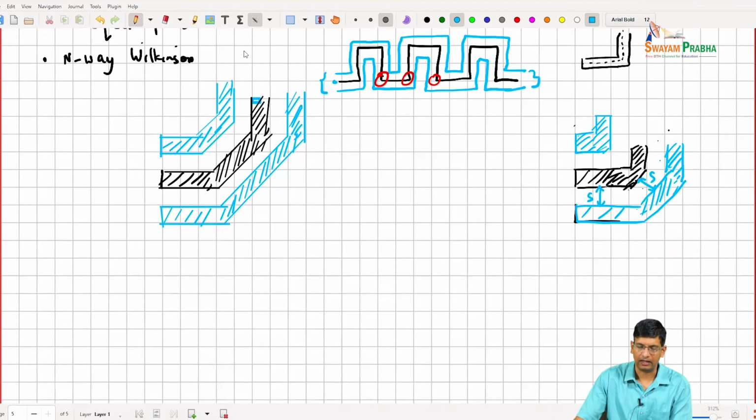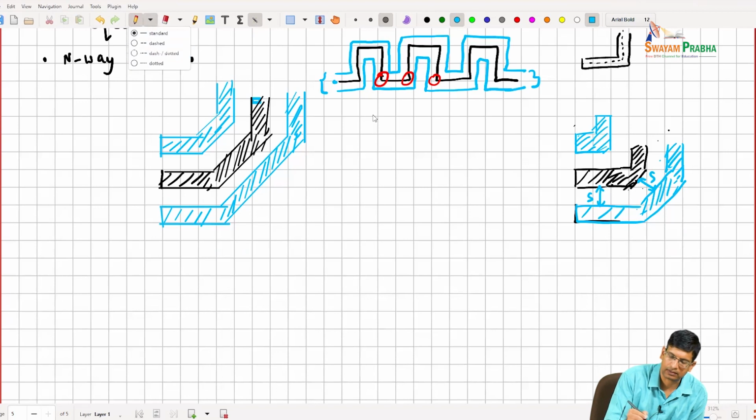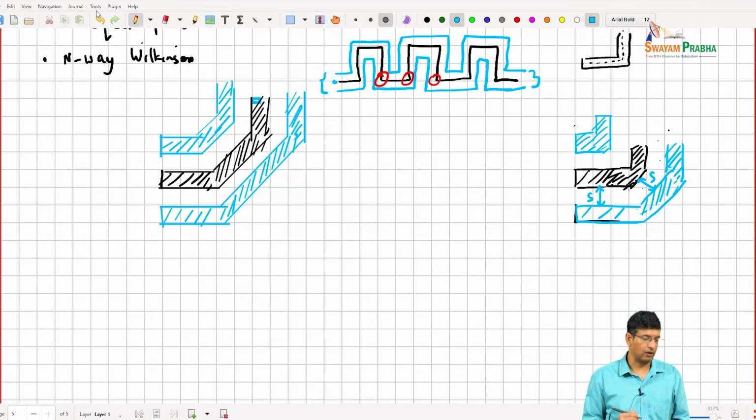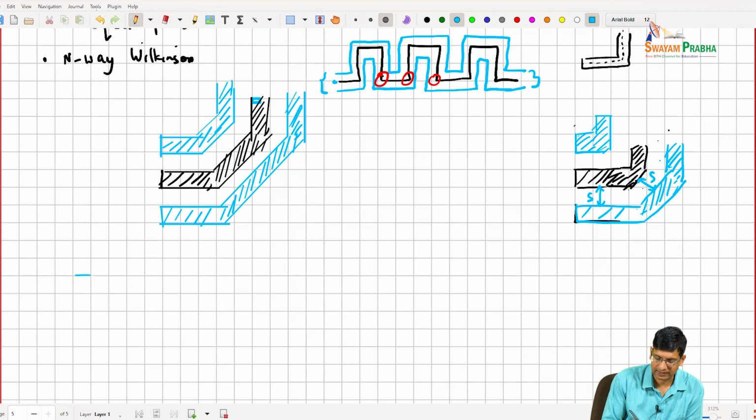So if I really want to make this compact, I can implement this using inductors and capacitors as well.